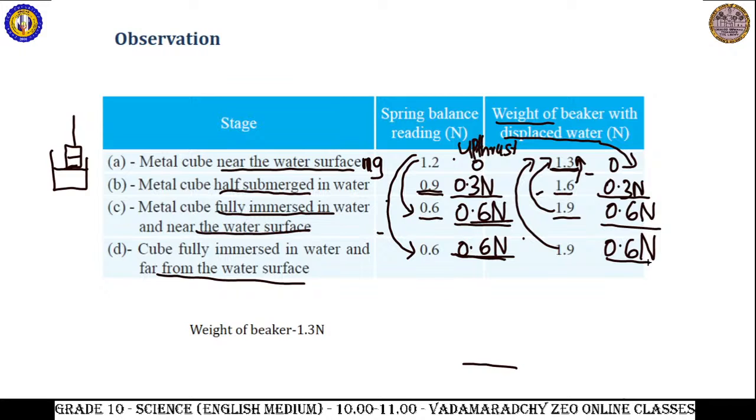We can say this is the upthrust or upward force exerted by water. This is equal to the weight of displaced water, 0.3, 0.3. So from this observation we can confirm that the important thing is that the object is fully or partially immersed.